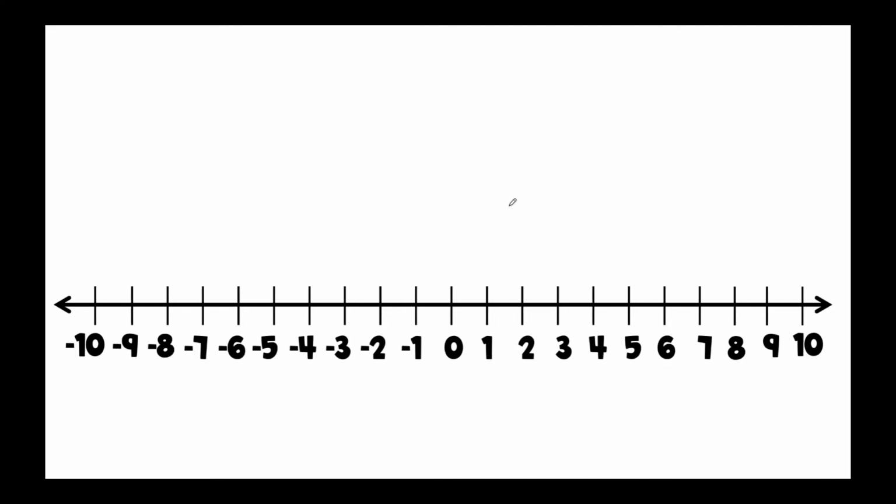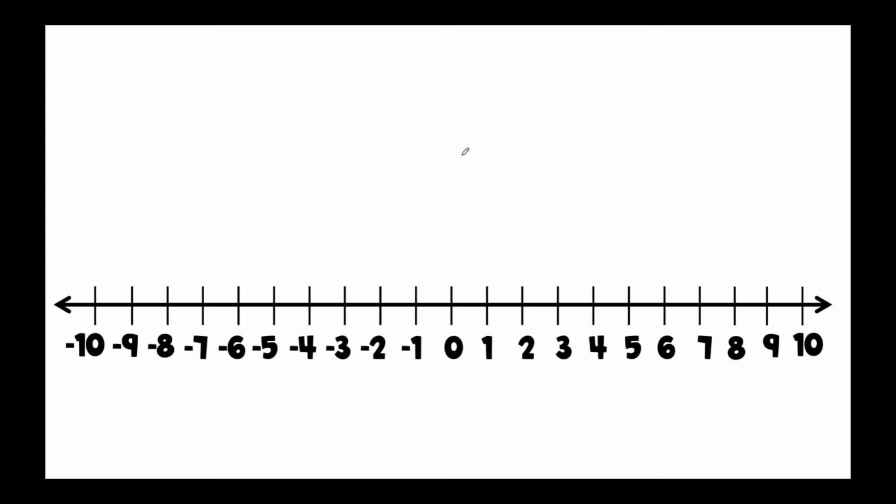Maybe we could talk about what's the opposite of positive 5. Again, it's the same number, but in the opposite direction on the number line. So the opposite of positive 5 is negative 5. The opposite of positive 1 is negative 1. And so on.